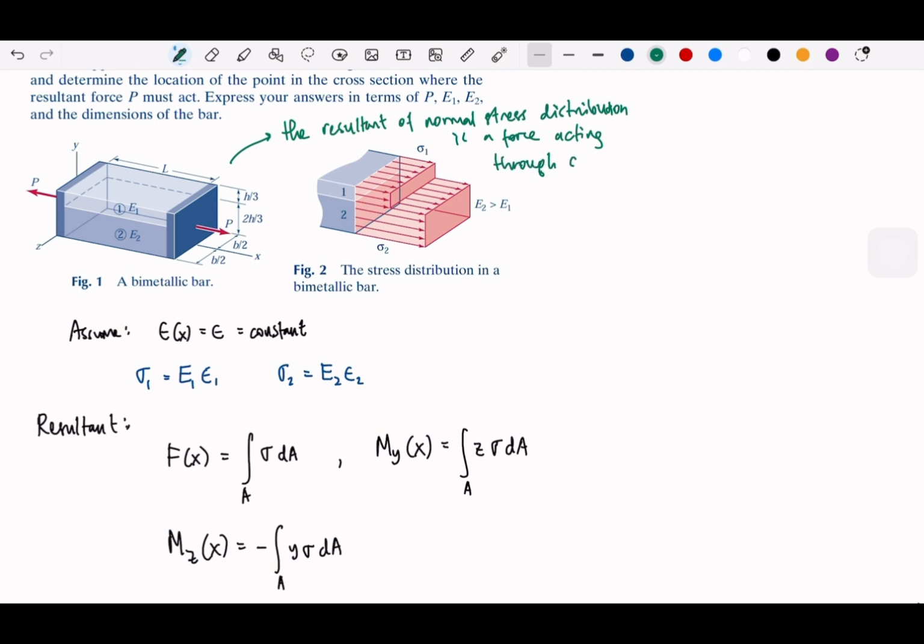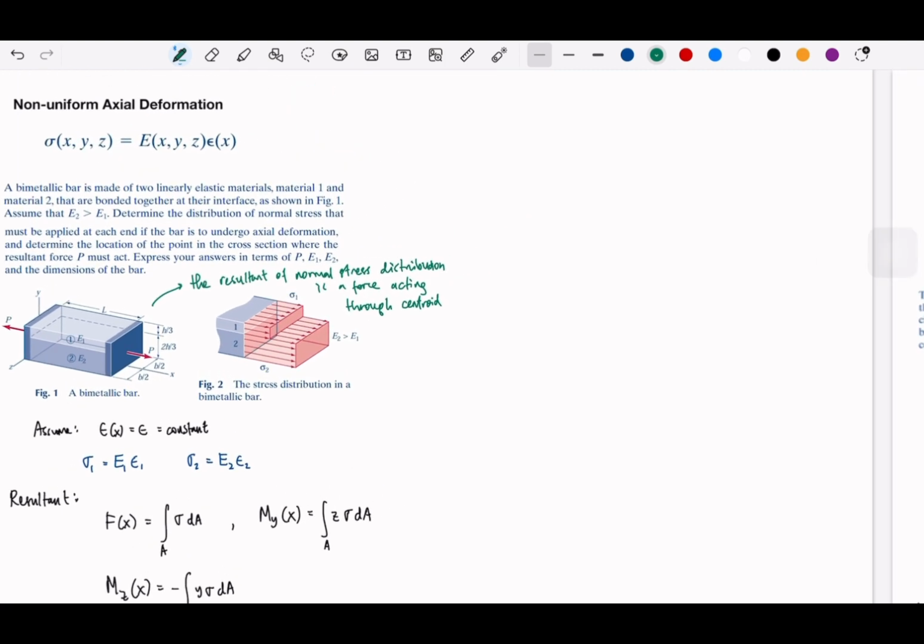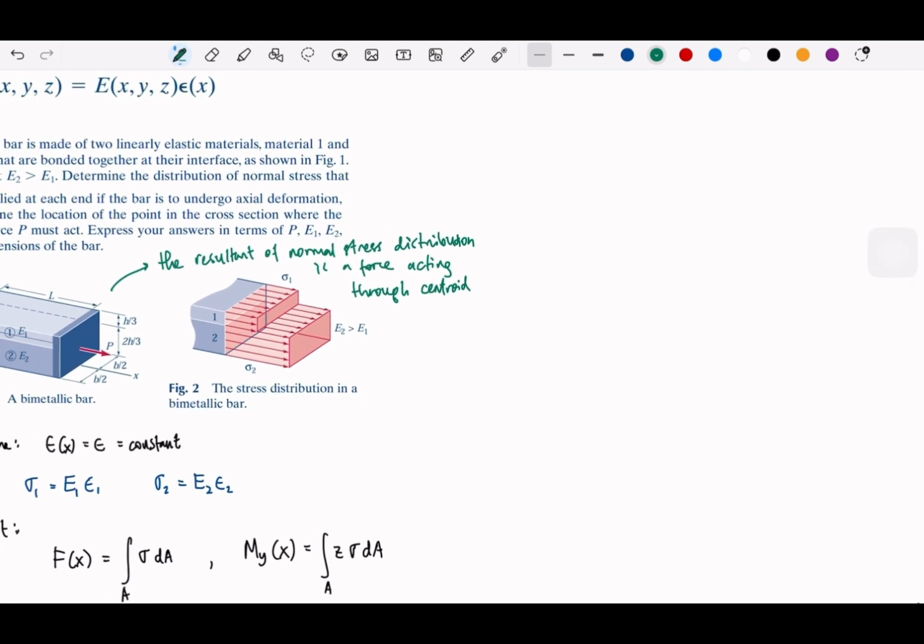Let me just write this as a note. So you need to think about the impact of the centroid. So then we could rewrite the free body diagram. Let me make it here.